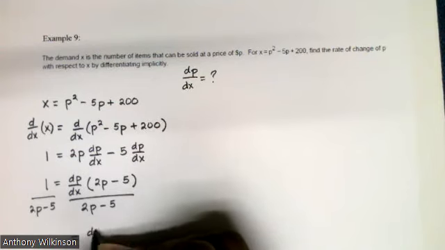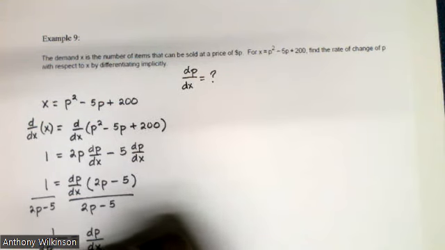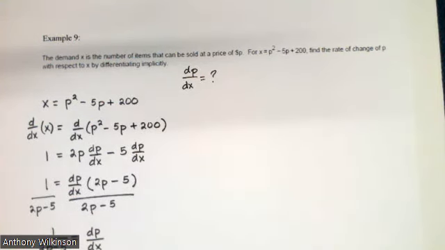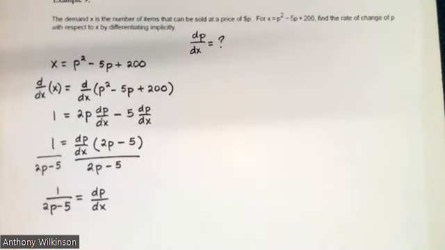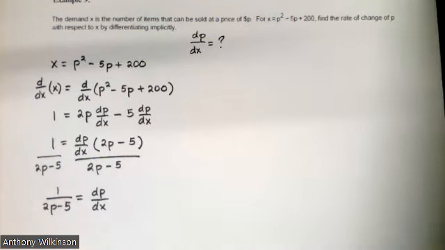So that means dP/dx will be 1 over 2P minus 5. Okay, and that is what they are looking for in this case. So 1 over 2P minus 5 equaling dP/dx represents the rate of change of P with respect to X. And that's all they were looking for in that particular example.